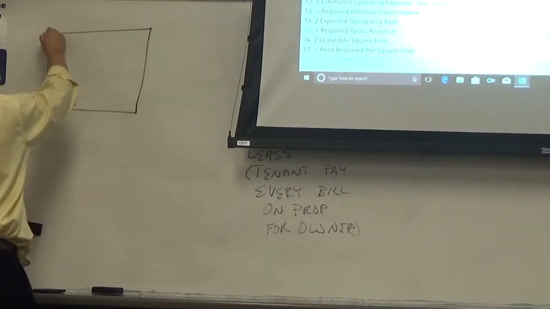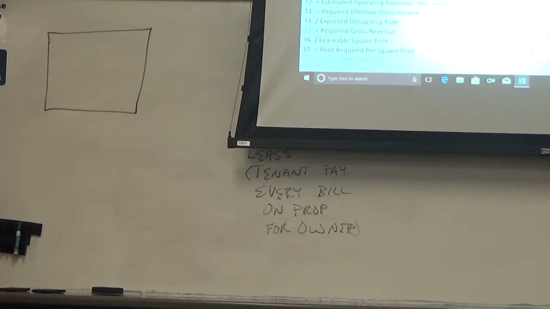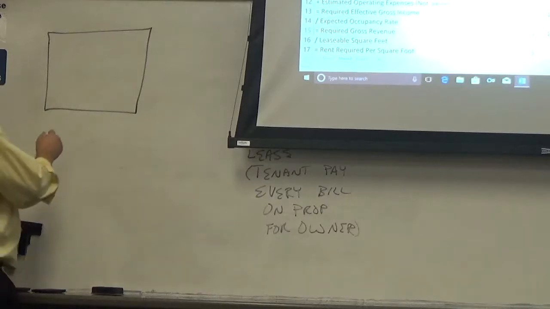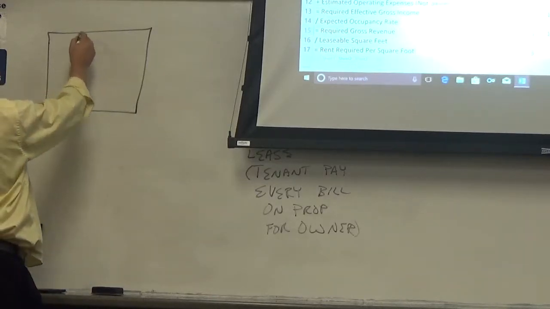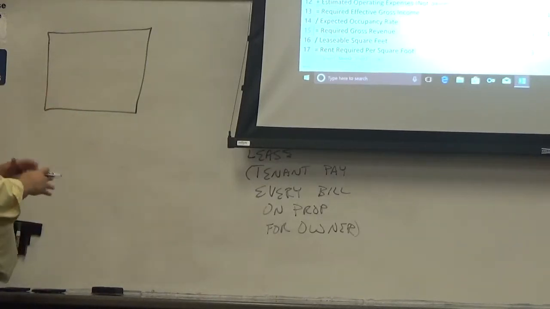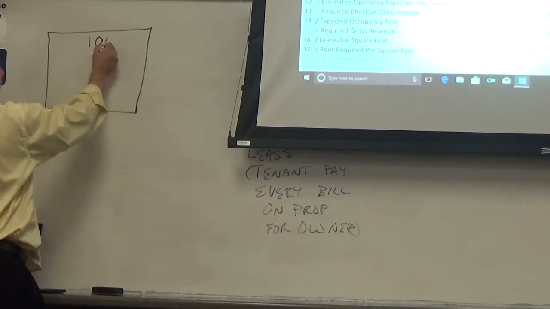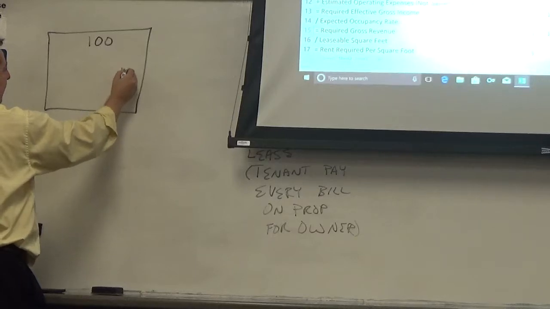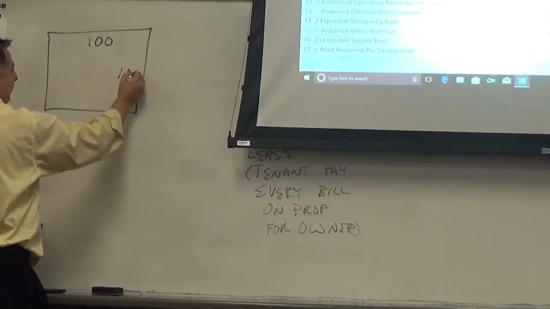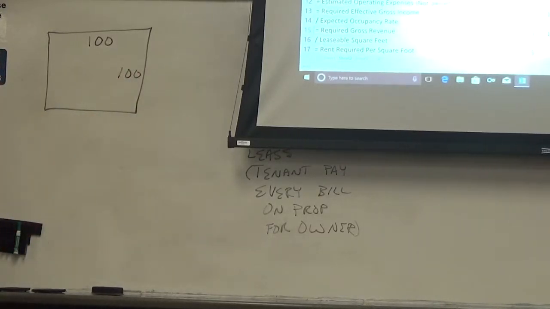So let's just say that we've got a building and the interior space of this building, from inside wall to inside wall with no partitions whatsoever, is 100 feet by 100 feet, okay? Does that make sense, everybody? Interior wall to interior wall.